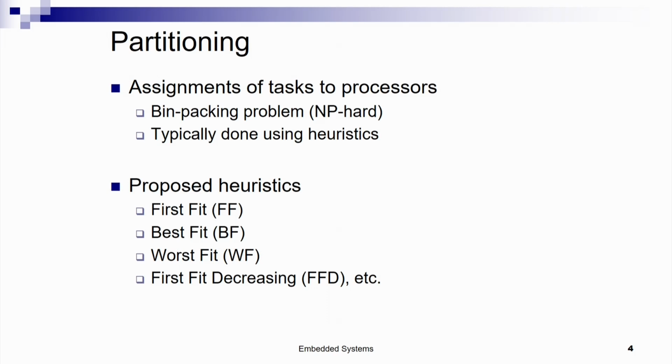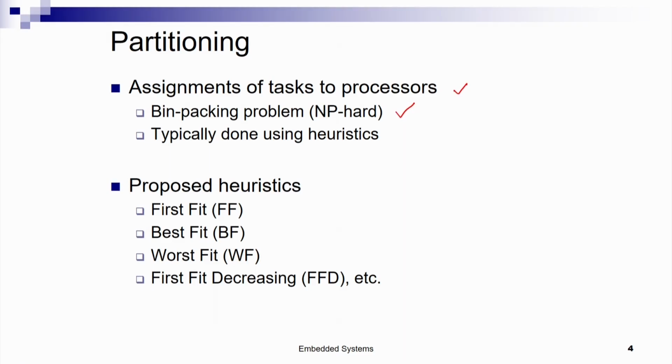Now, partitioning, as we told, is the assignment of tasks to processors, but this bin packing strategy, the optimal strategy for bin packing, is an NP hard problem. So, it takes exponential amount of time with respect to the number of tasks, and therefore, when the number of tasks and processors in the system increase, the partitioning process becomes very complex and time consuming.